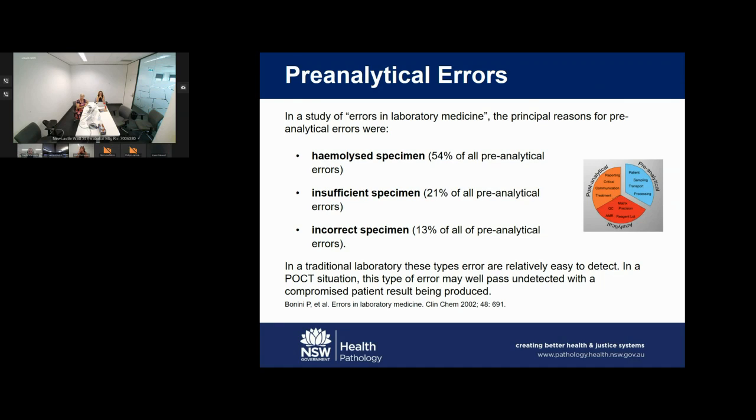And I think it's important to know that you don't know if a sample's hemolyzed until you actually spin it down and have a look at that fluid versus the red cells. So it's important to understand the situations where you might be compromising the collection and you may have a sample that will give you erroneous results.